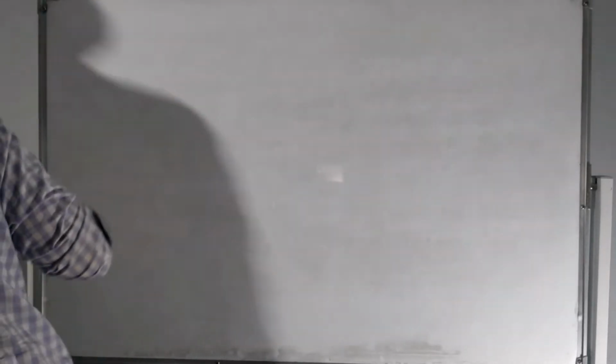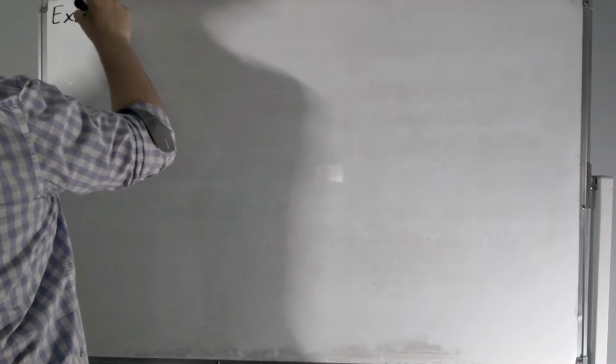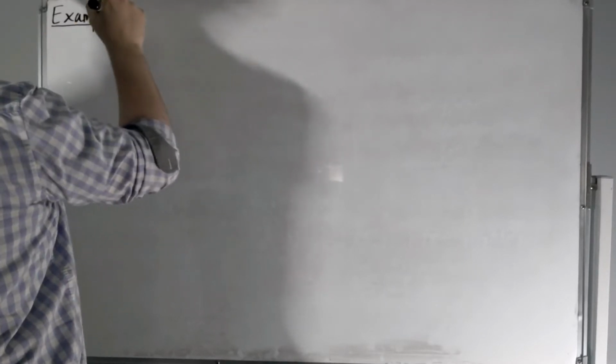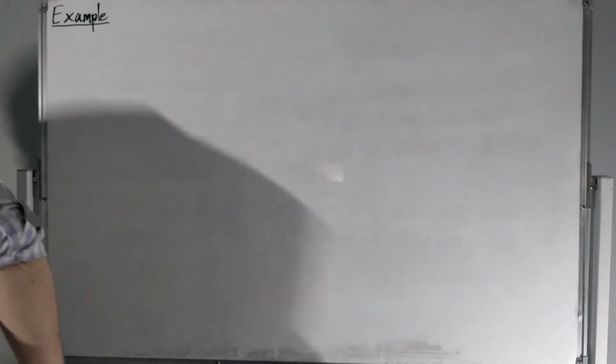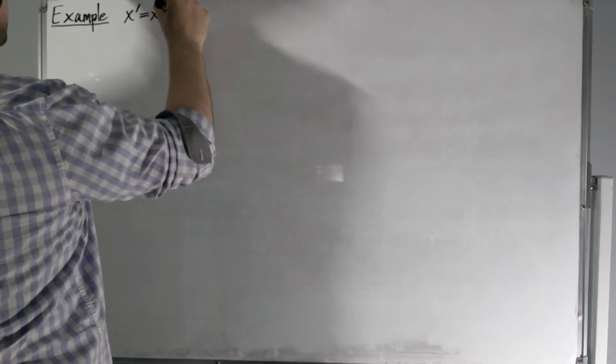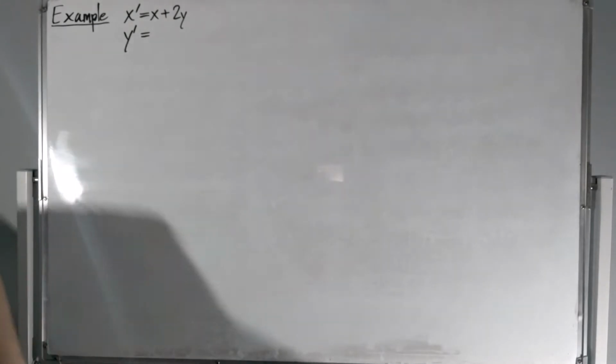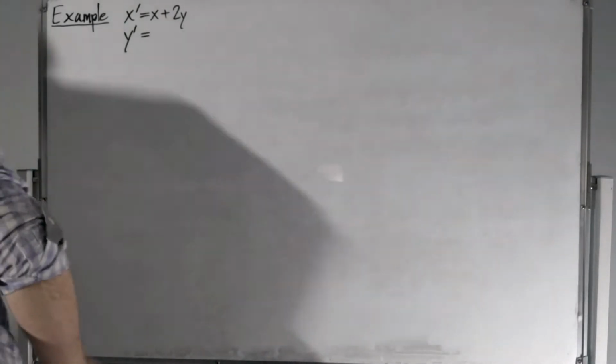Let's see. Let's suppose we have x prime equals x plus 2y, y prime equals 3x plus 2y.